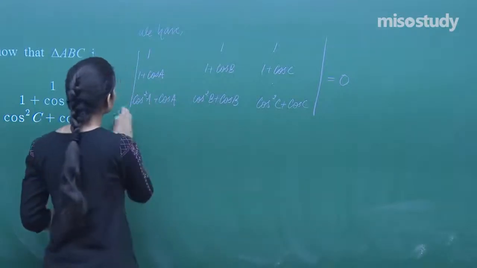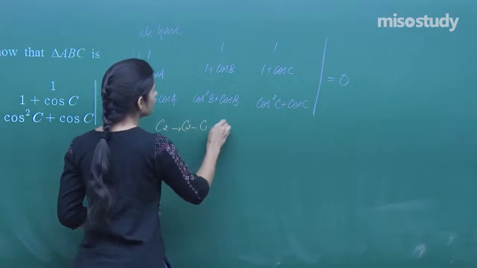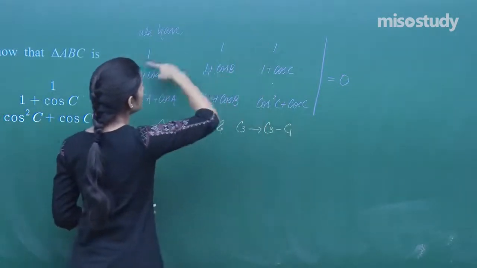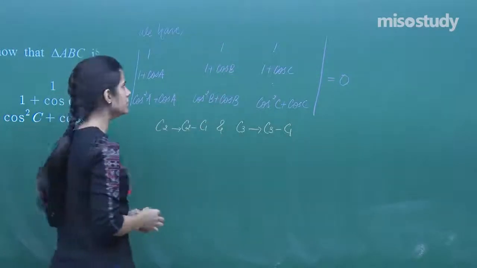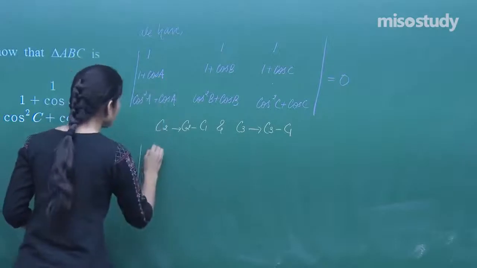Clearly, what you would want to do, column 2 goes to column 2 minus column 1, and column 3 goes to column 3 minus column 1, so that you can get zeros in the next two columns and eventually can proceed in a simplified manner. So first column remains as it is.